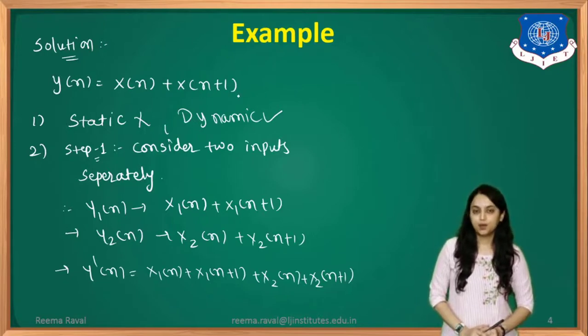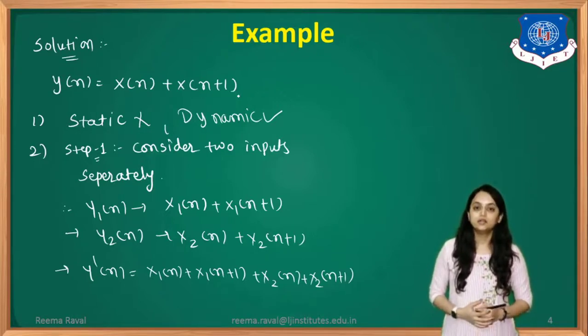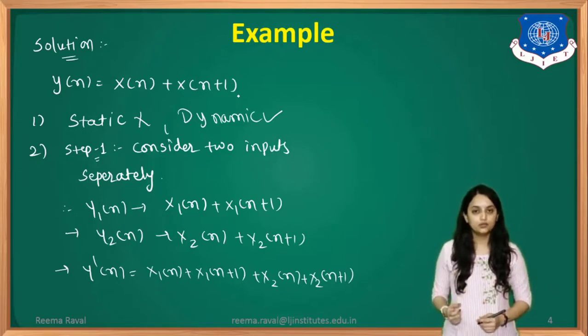Now let's see the first property, that means whether it's static or dynamic. To check whether the system is static or dynamic, we see whether the output depends on present values only or on future or past values. If it depends only on present values of input, we call it a static system.